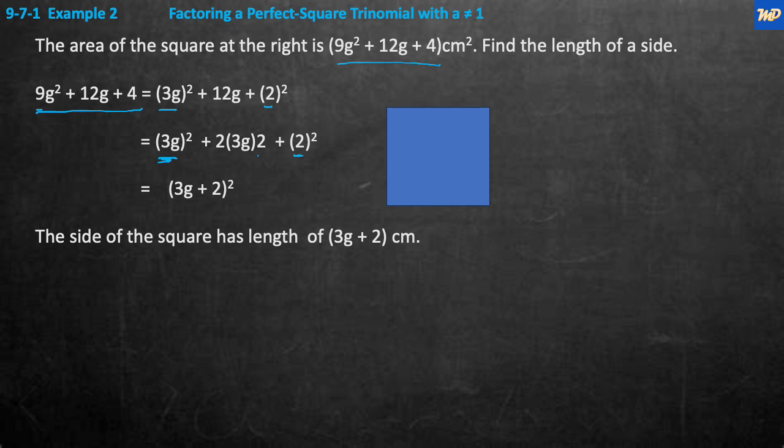So 3g plus 2 times 3g plus 2 is going to give you the area of this square, which is 9g squared plus 12g plus 4 centimeters squared. And this is centimeters, by the way, cm and cm. Okay?